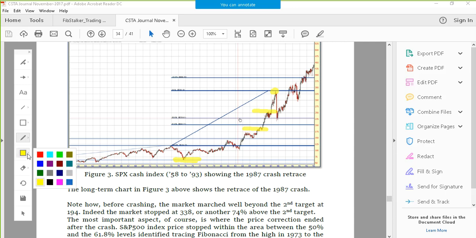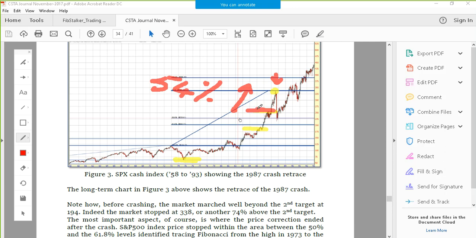Now, whenever I do this kind of consideration, I never assume the market is going to behave the same way. However, I just want to make some observations. The market, before getting to this tipping point, went 54% above its second target of the previous measured move.